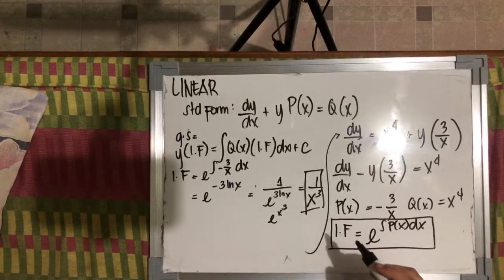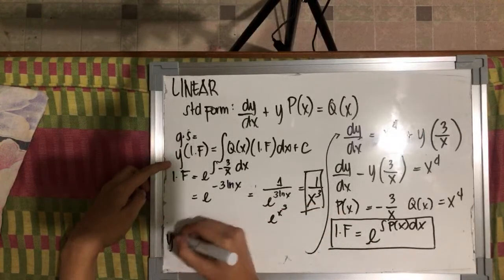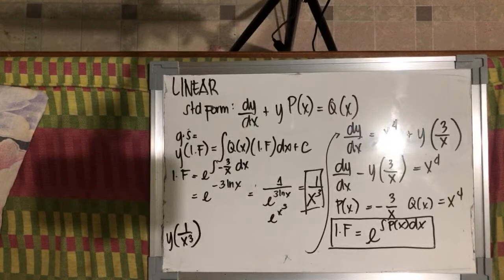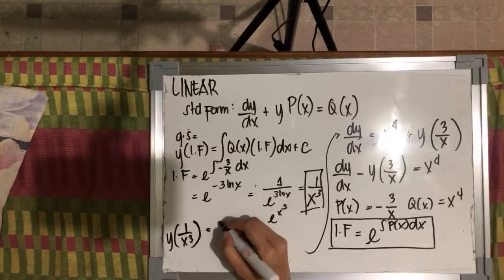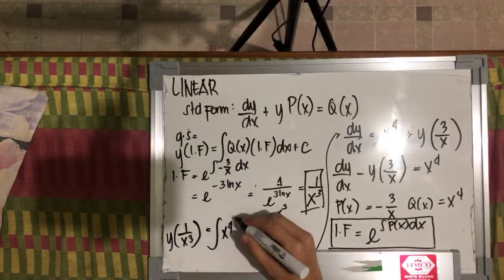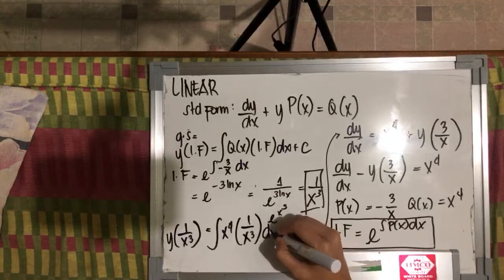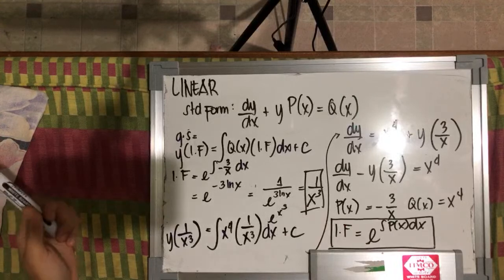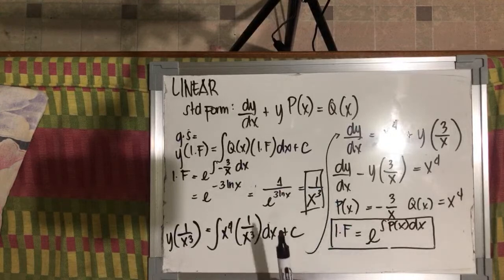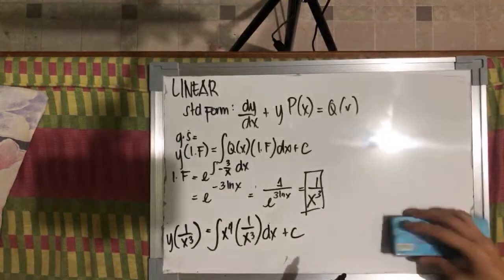I'll substitute it into our general solution. So, y times integrating factor, which is 1 over x cubed, is equal to the integral of q of x, which is x raised to 4 times integrating factor 1 over x cubed dx plus c. This simplifies again; our x cancels out.